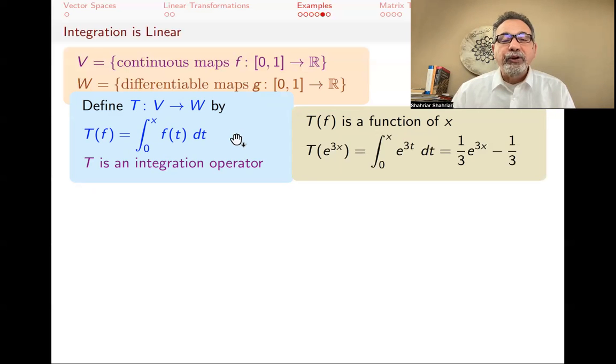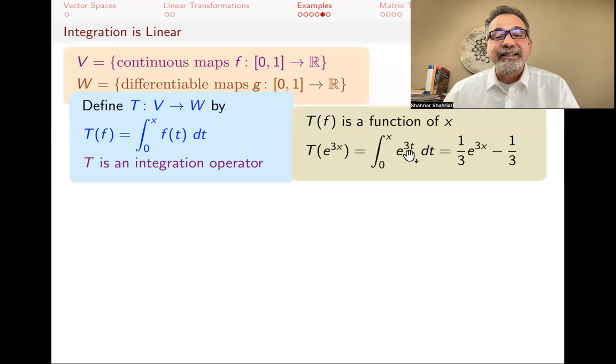So for example, T of e to the 3x: y equals e to the 3x is a function. If you want to use this, you plug in e to the 3t here and integrate it from 0 to x, and what you get is 1/3 e to the 3x minus 1/3, a different function. Now, do I get a function in W? I get a function, but do I get a function in W?